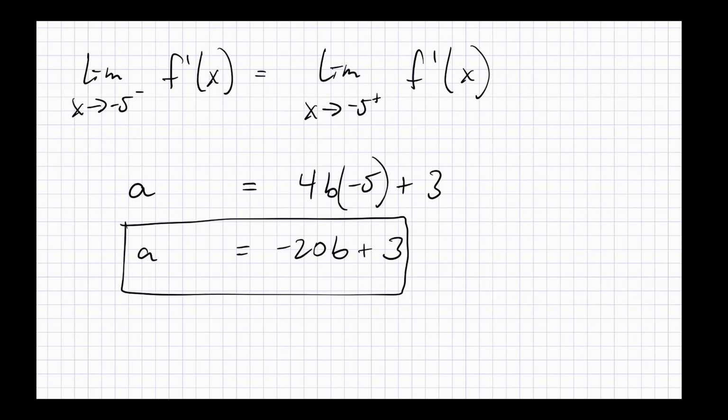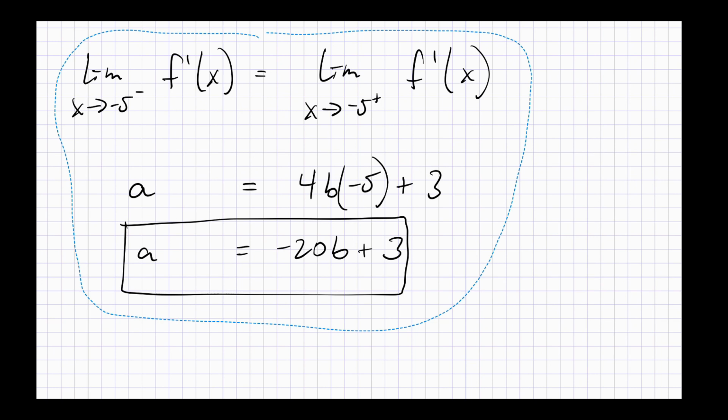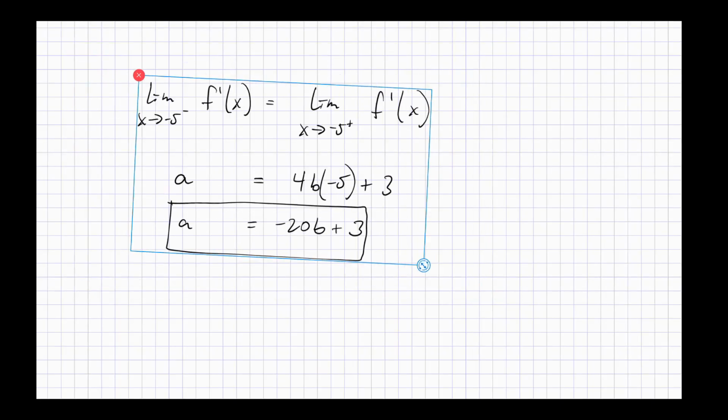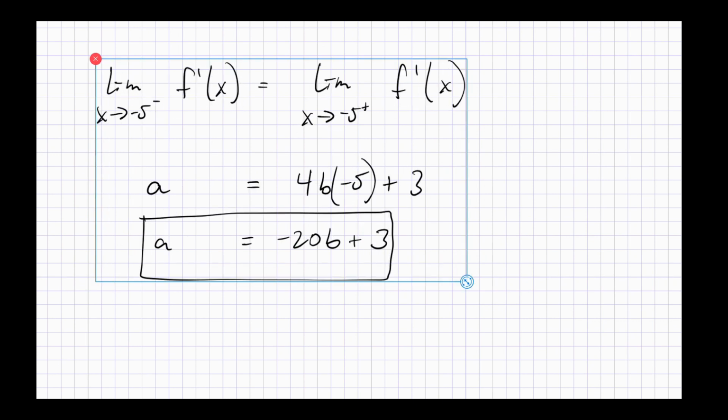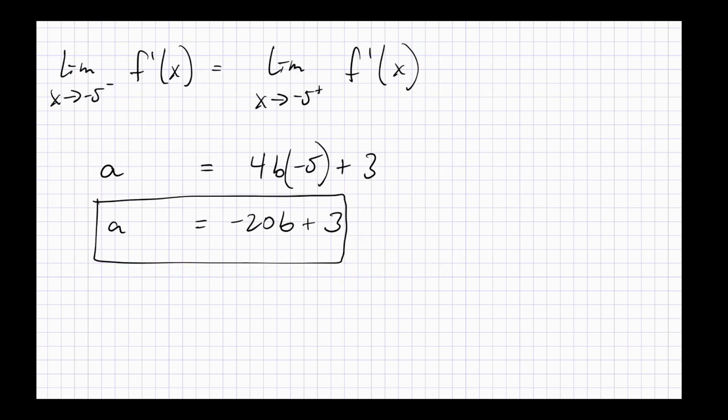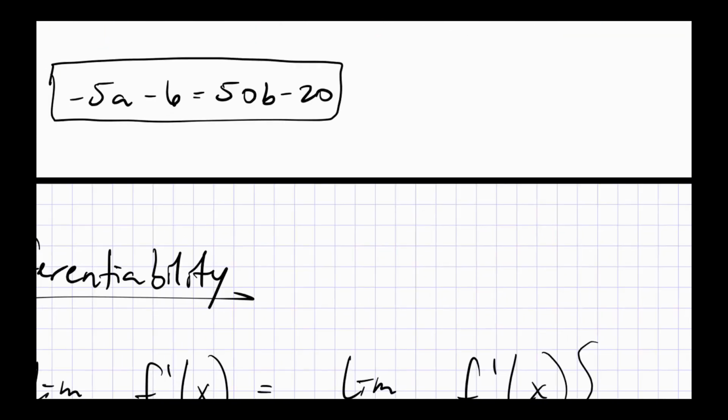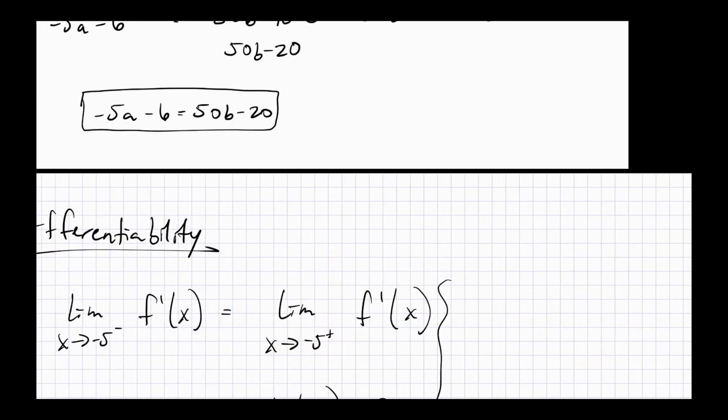So let me make this a little smaller so I have room to write. So negative 5a minus 6 equals 50b minus 20.